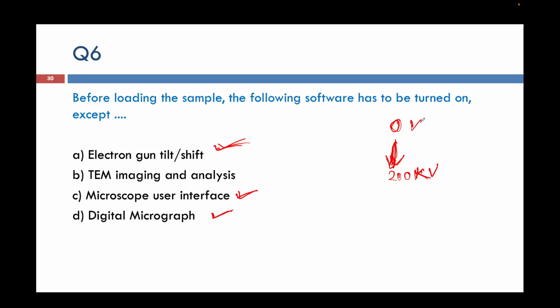From 0 we go to 200 kV in steps, and for that we need the microscope user interface and the digital micrograph. Once we go to 200 kV, we do all this electron gun tilt and shift so that the incident beam and our sample will be perfectly aligned.